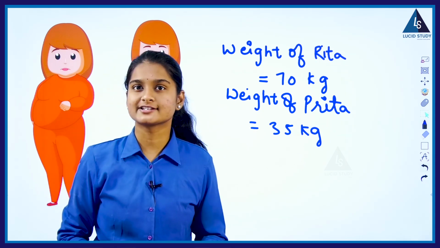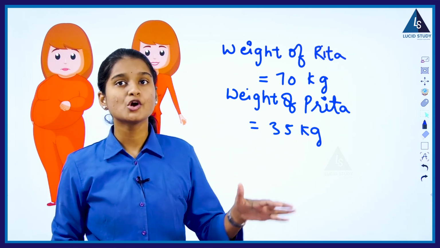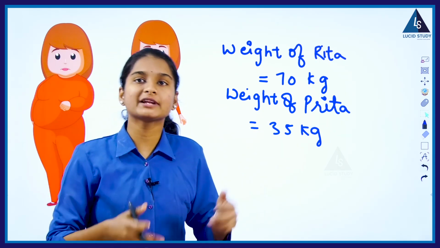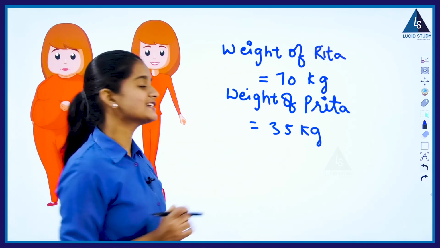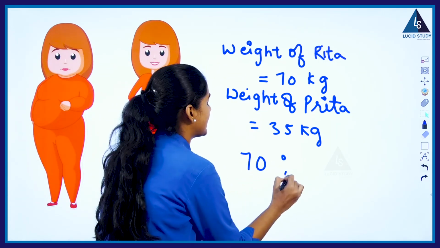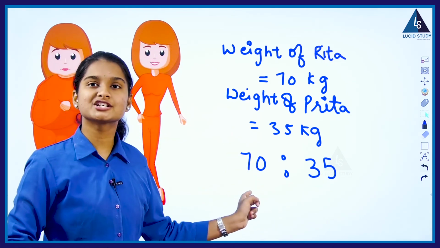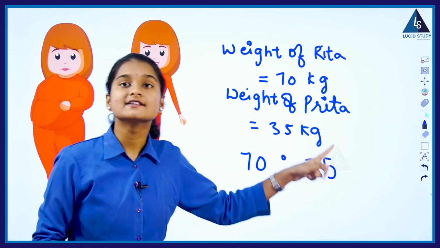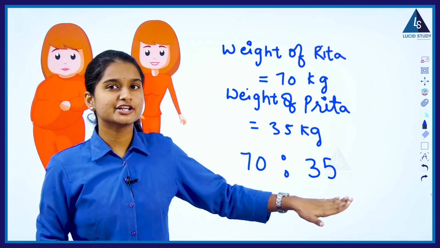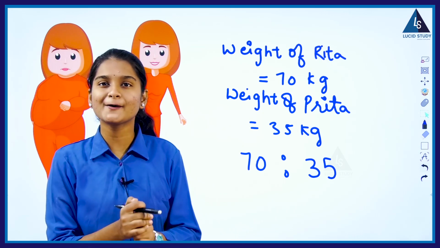Now here is a question. What is the ratio of Rita's weight to Preeta's weight? Rita's weight is 70 kgs and Preeta's weight is 35 kgs. Therefore, ratio is 70 to 35. Reduce this to the simplest form now.